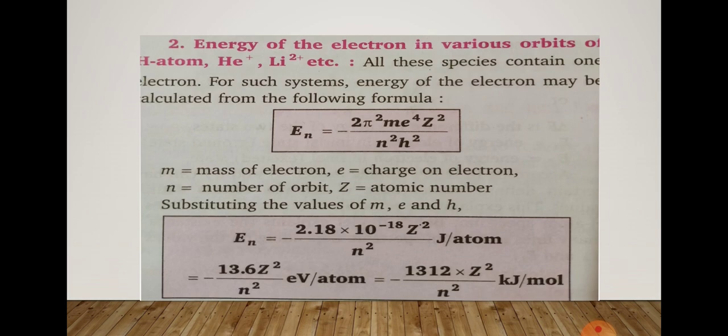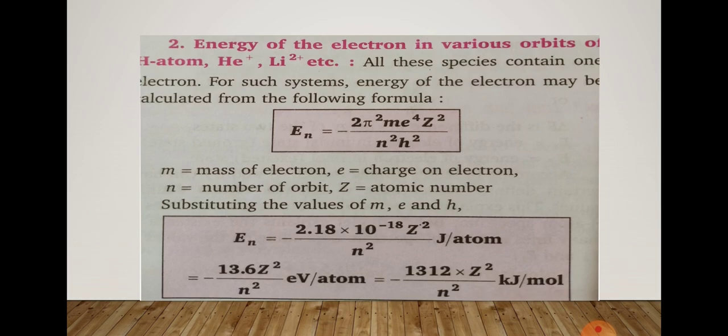For such systems, the energy of the electron can be calculated by the formula given on your screen. En is equal to minus 2π²me⁴Z² upon n²h².